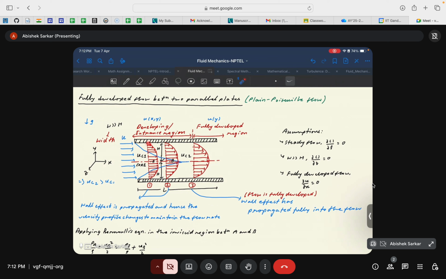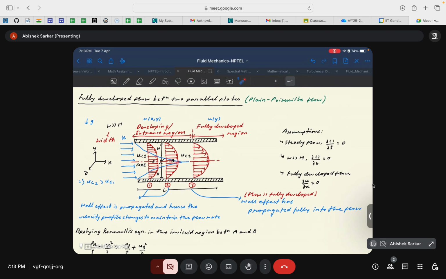It will reach a certain value, not infinity. Why? Because in the core the flow is essentially inviscid, or we assume it to be inviscid, not because viscosity is 0, but because the velocity gradients are so small that they are not able to manifest shear stress from the walls. That's why it will attain a certain value.